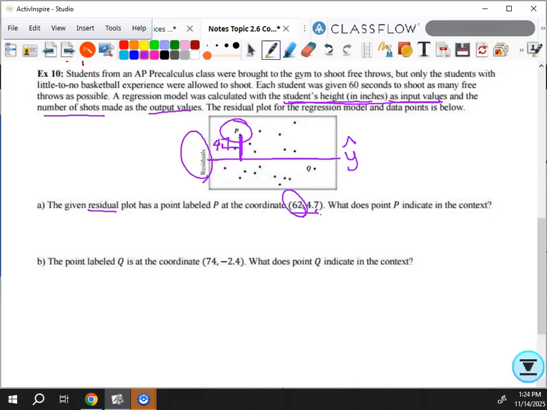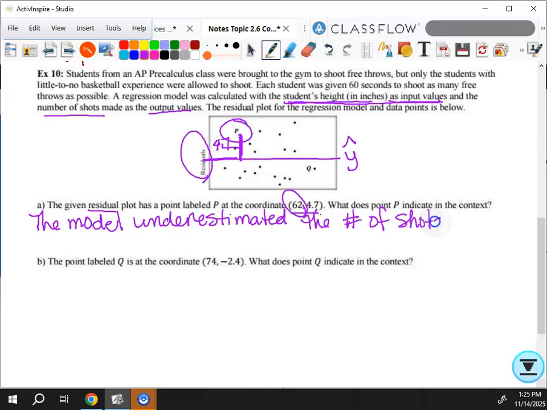So what point P indicates in this context is that the model, because my next question was going to be, but it's already been answered, which is fine. This is my model. It is under that point. So the model underestimated the number of shots made. Did it underestimate all of them?